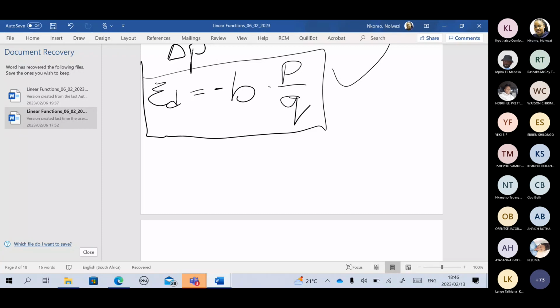Okay. We know the general equation for demand is Q is equal to A minus BP.